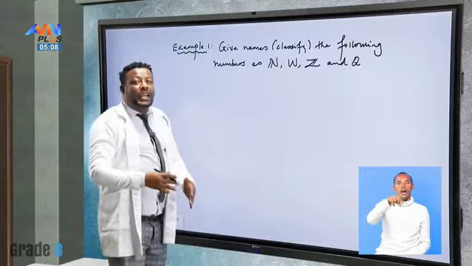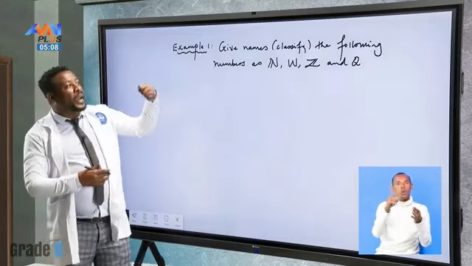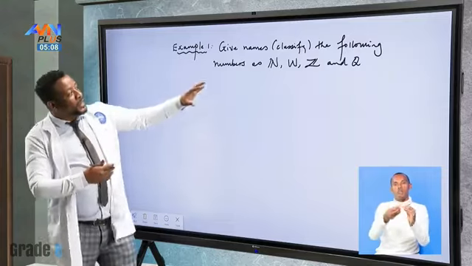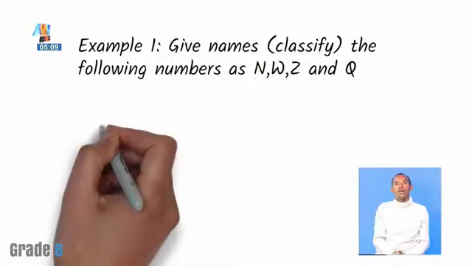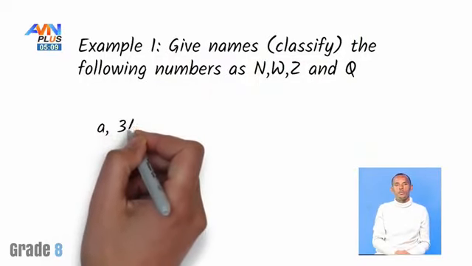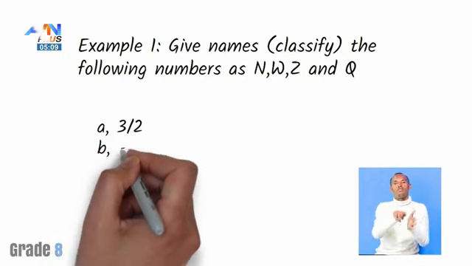Okay, for the numbers that I'm going to write here, you will give a name and classify the given numbers as these 4 sets. For example, take the number 3 over 2, another number minus 11.